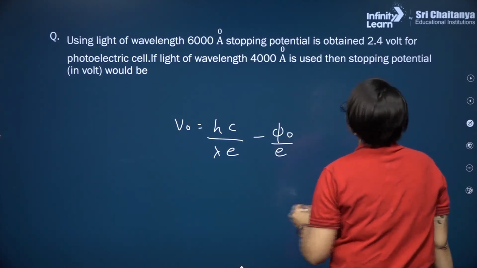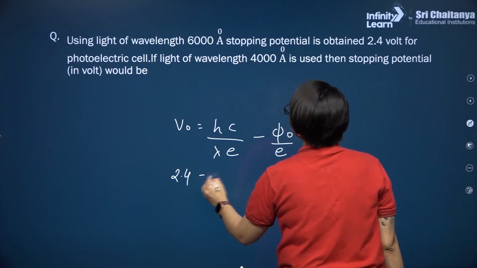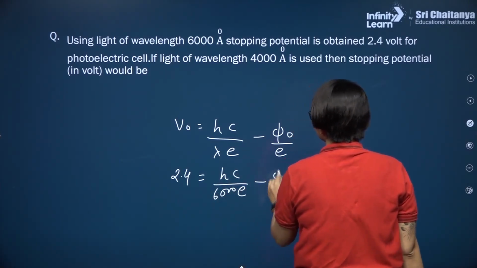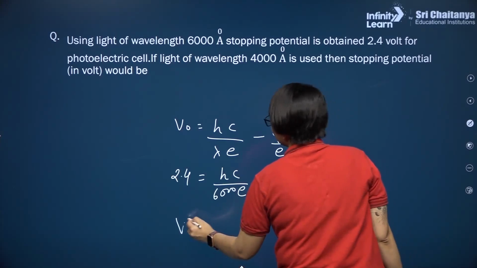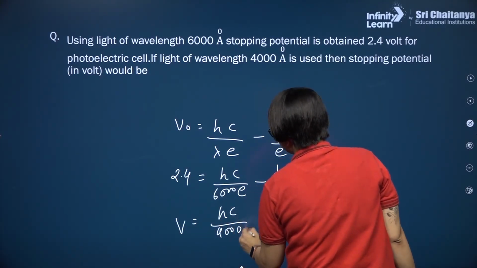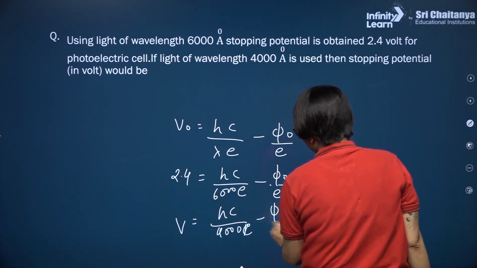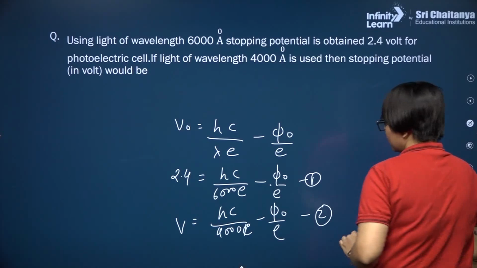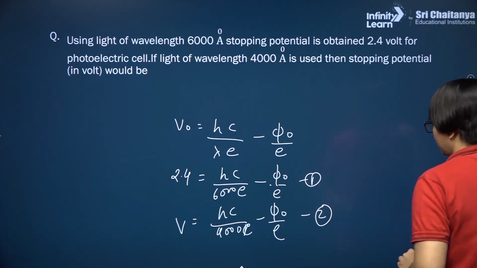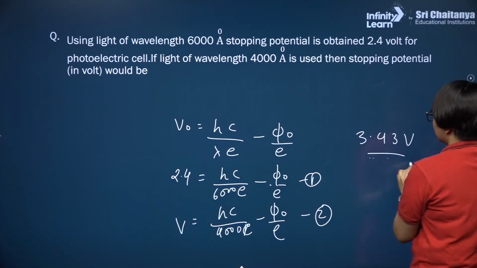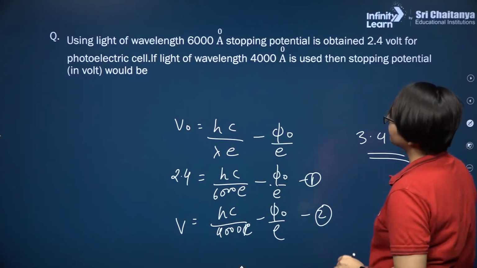When it is 2.4, it is hc divided by 6000 angstrom into e, minus phi naught divided by e. When the stopping potential is V, it is hc divided by 4000 angstrom into e, minus phi naught divided by e. So after solving equations 1 and 2, you will get the stopping potential as 3.43 volt. Okay, so numerically it is 3 volt.